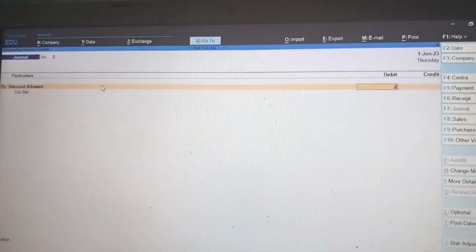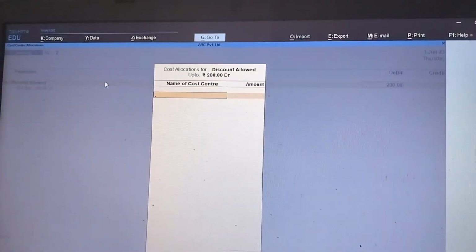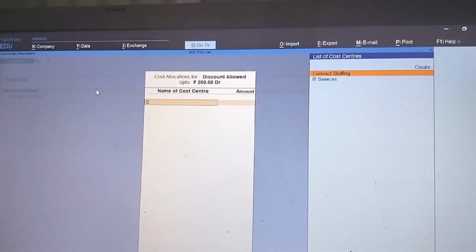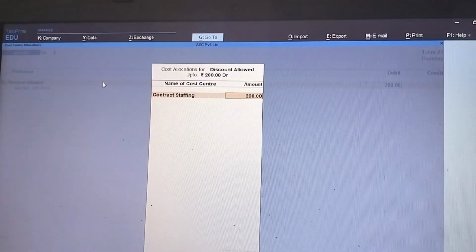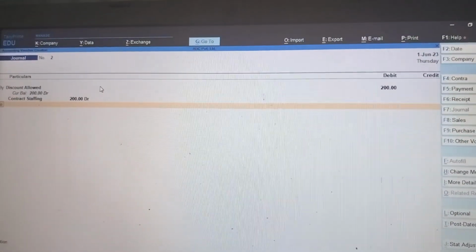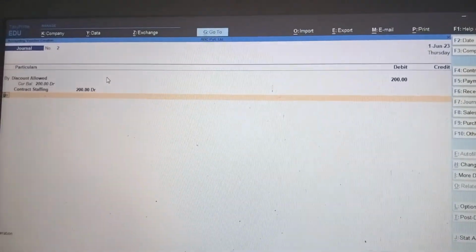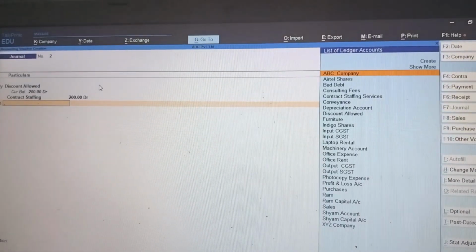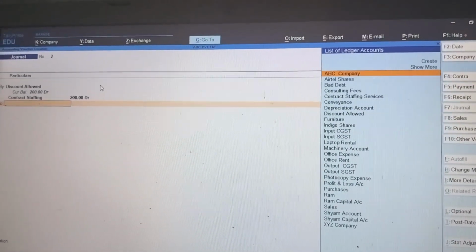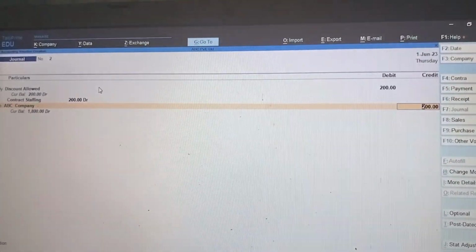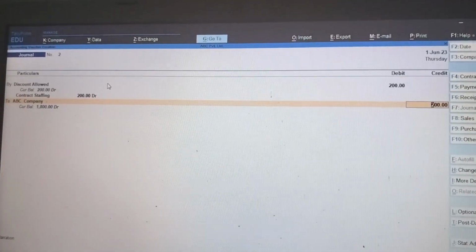So suppose the value is 200 and the name of the cost center is contract staffing. You can refer to my previous Tally videos for knowing about cost center in detail. And the debtor here is, let me see if I have created any debtor or not. So I am selecting ABC.